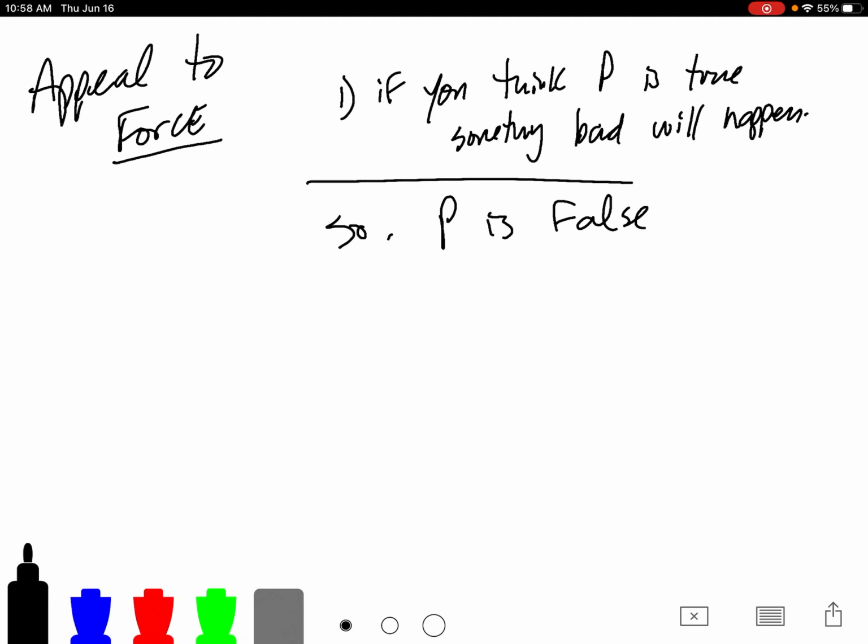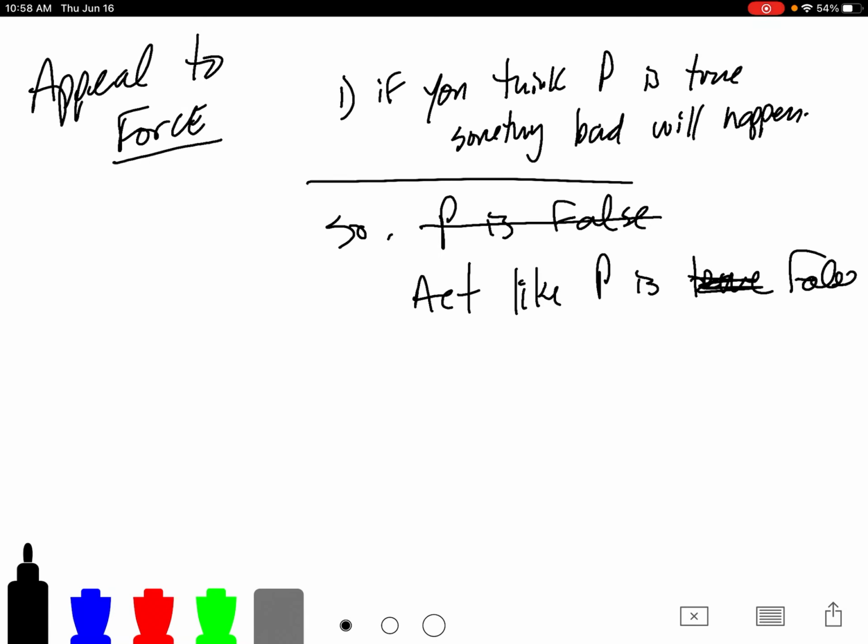It's probably less about getting people to believe something and more about you should act like P is true. Or, I'm sorry, P is false. So it's sometimes hard just to switch your beliefs just because you think something bad might happen, but it may be that you should act as if it's false because something bad might happen.